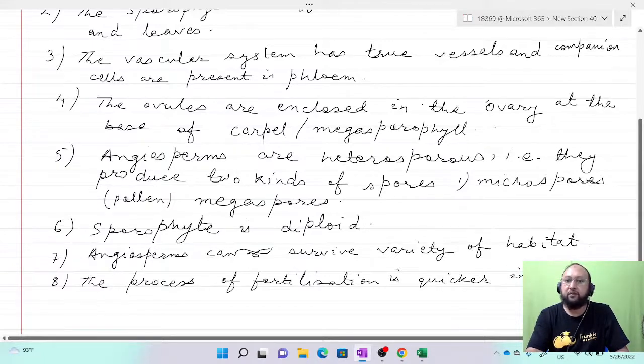They have developed some mechanism and are well adapted for sexual reproduction, and fertilization is quicker in angiosperm.